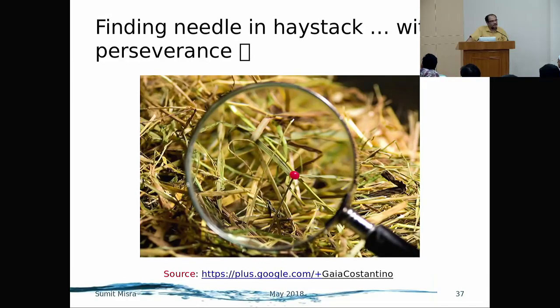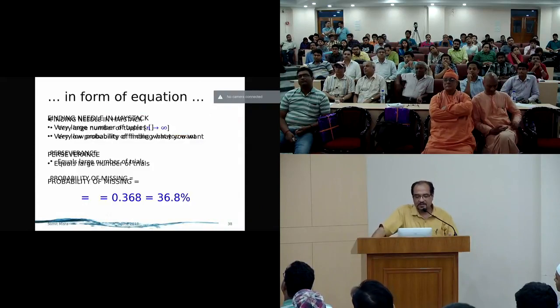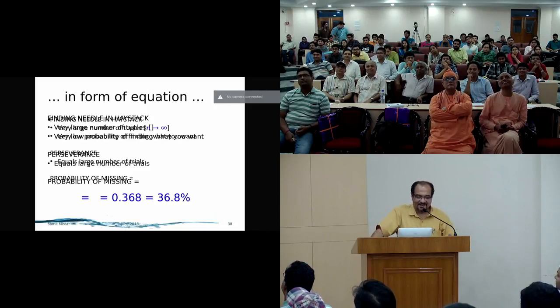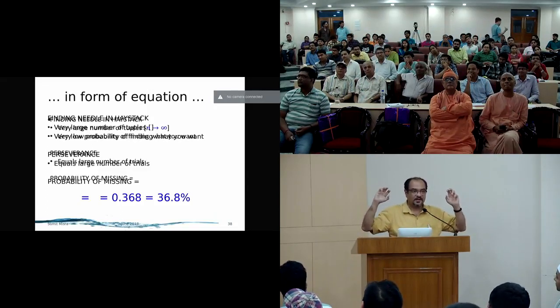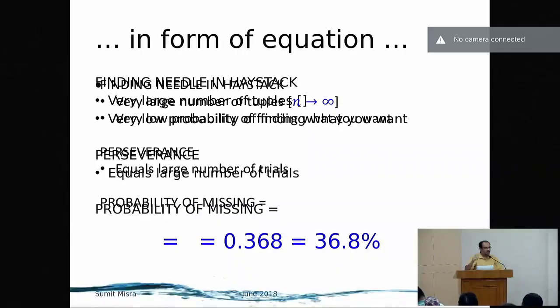So basically what we are trying to do is find a needle in the haystack with perseverance. But there's a limit to your accuracy. Suppose there are n items, the probability of finding something is 1 by n. Probability of not finding it is 1 minus 1 by n.